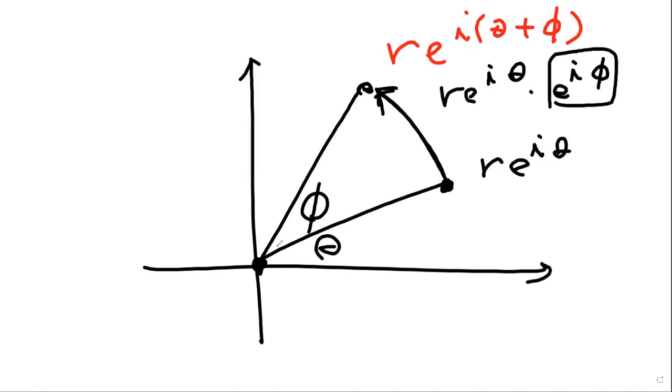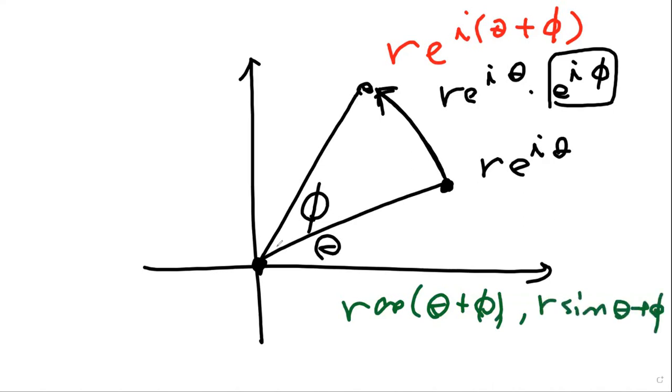So if we write it down in xy, it will be r cosine of theta plus phi, and r sine of theta plus phi. This will be your new x and y. Does that make sense? That's what I wanted to derive for you, the rotation, quickly.